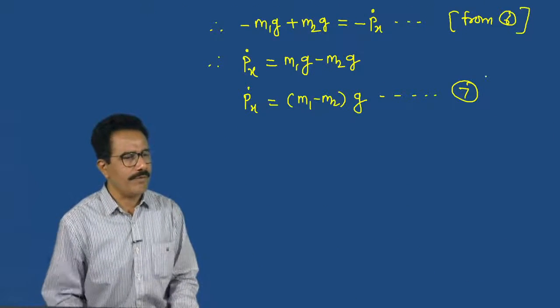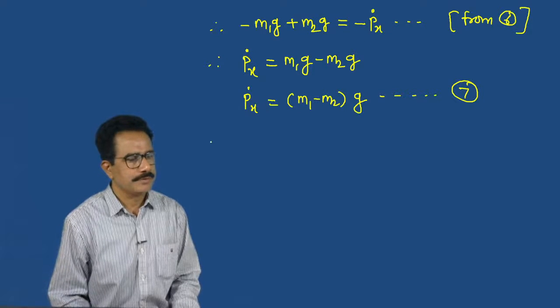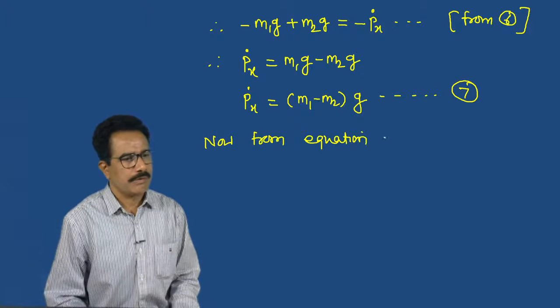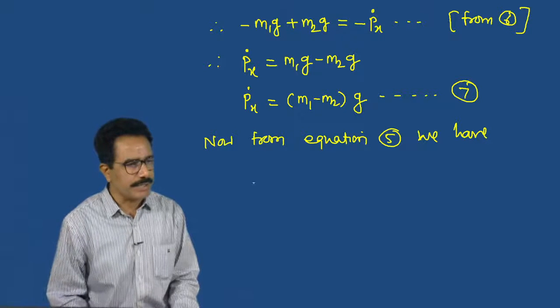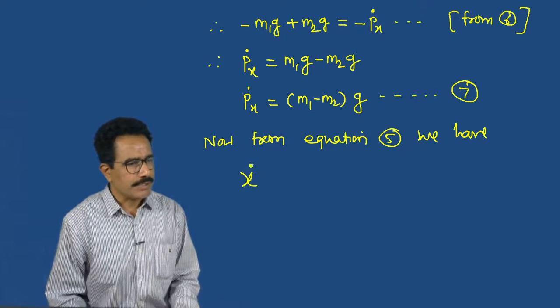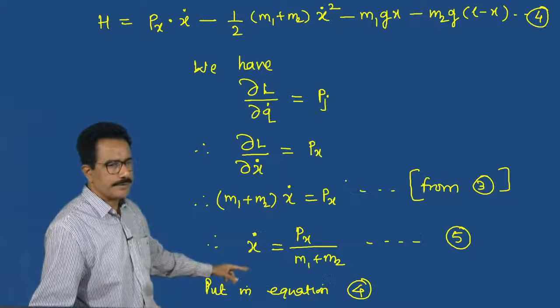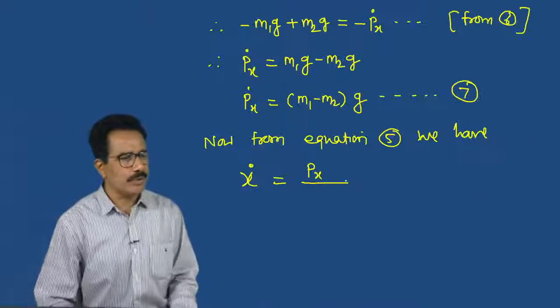Now from 5 we have, X dot is equals to px divided by m1 plus m2.